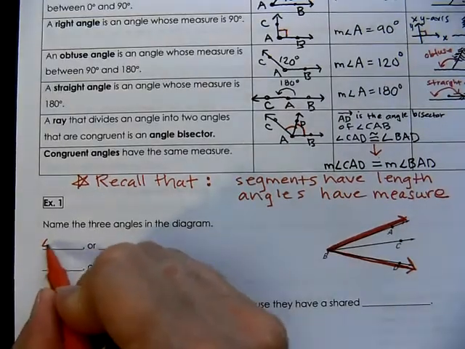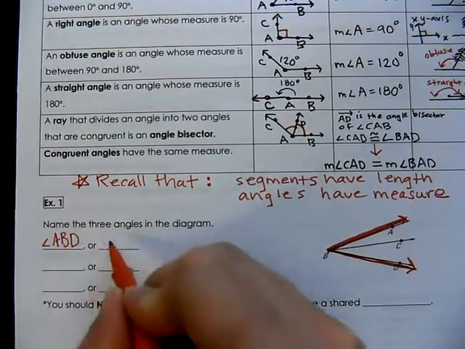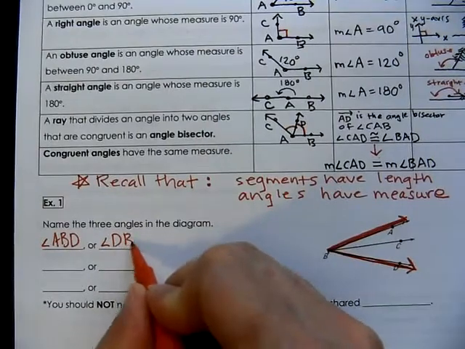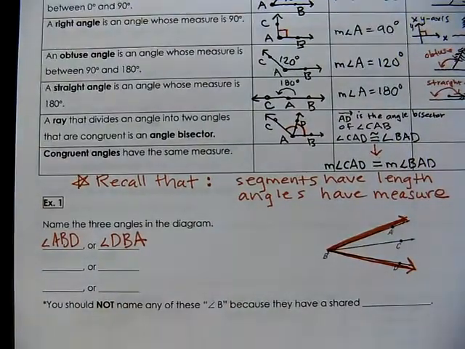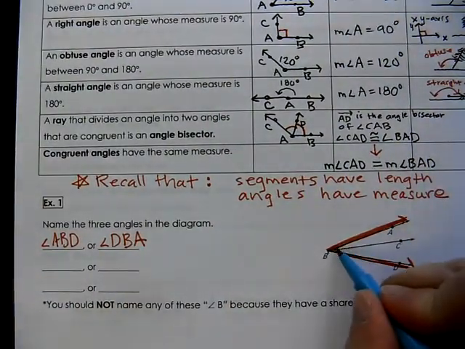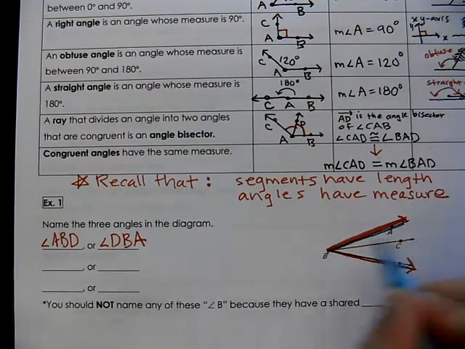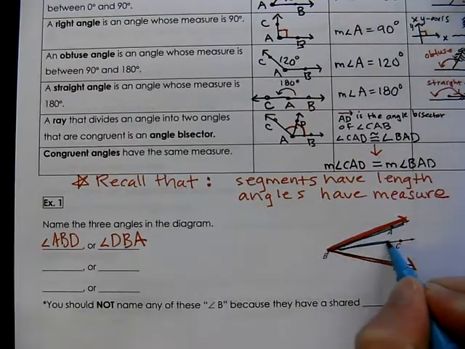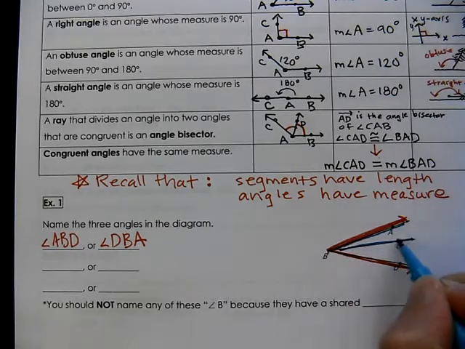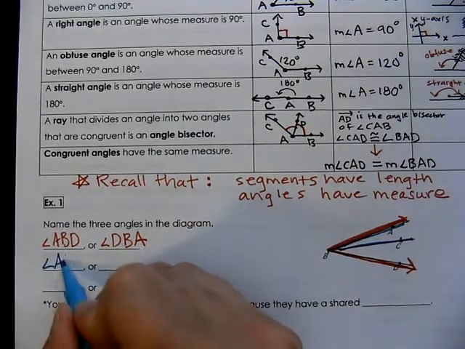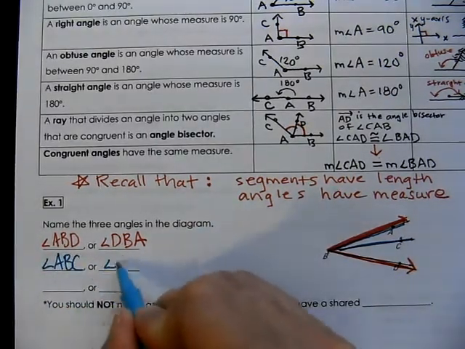Alright, so angle ABD, or backwards, angle DBA. But then we also have these smaller angles inside. So here now we have, sort of on the top half if you will, angle ABC, or backwards, angle CBA.